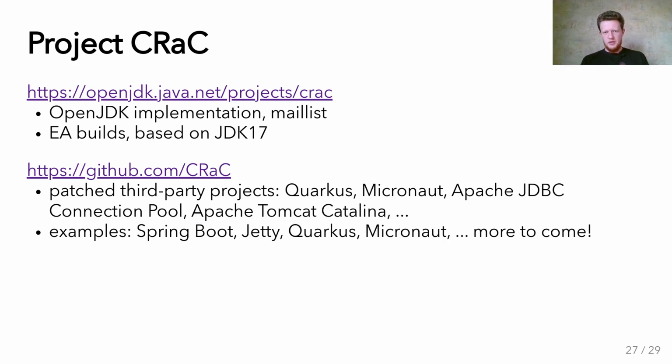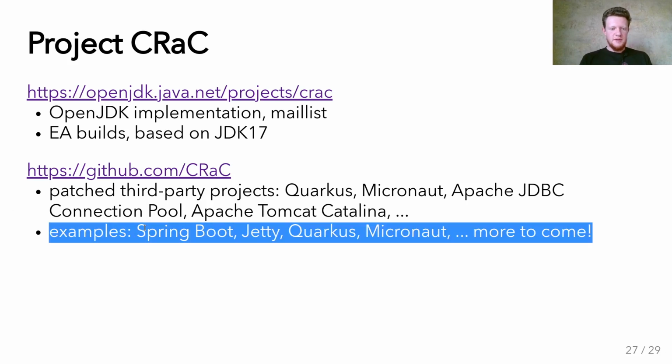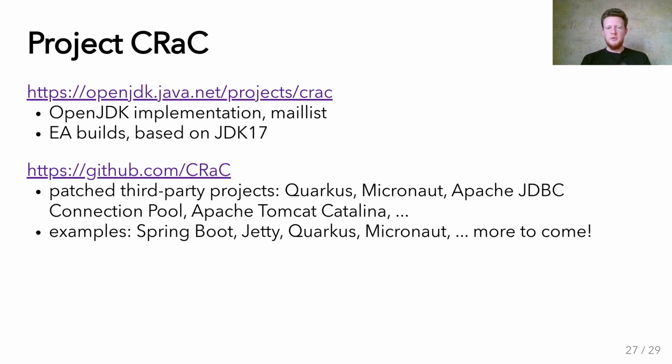Then it will pick up servlets and start serving them, as you would expect. And there are also a set of examples which we would like to extend, and are extending over time.